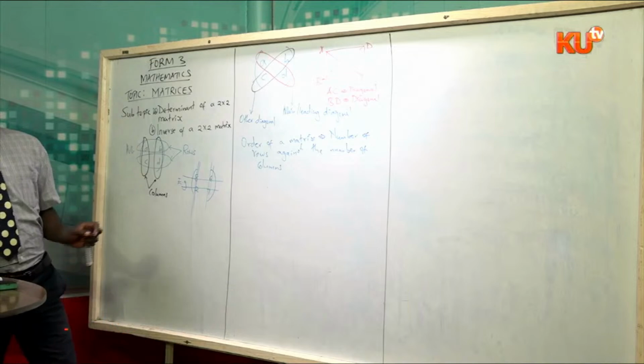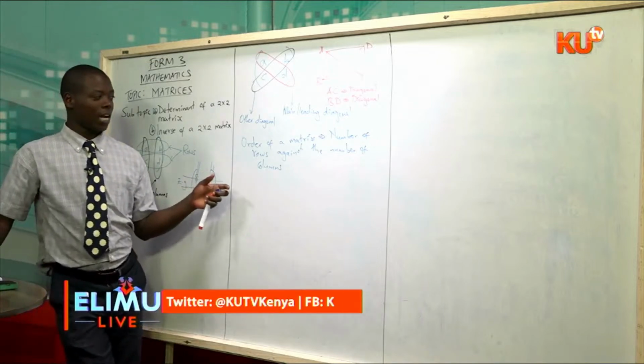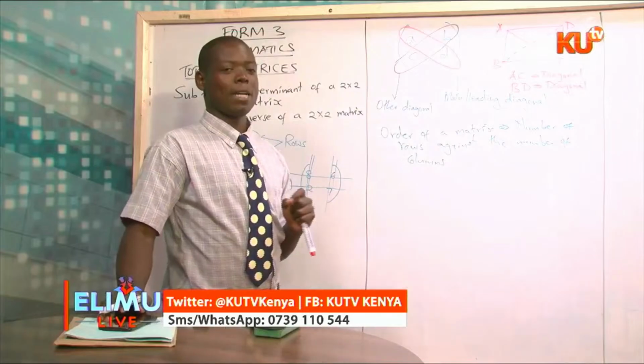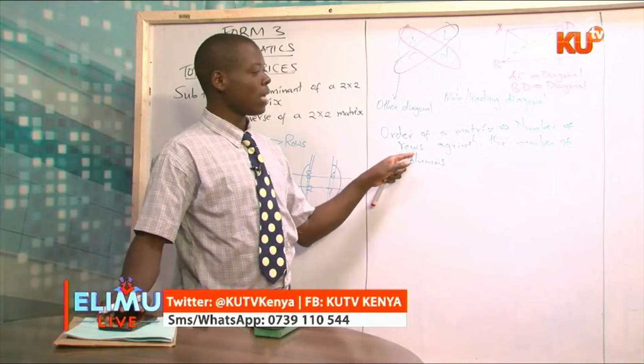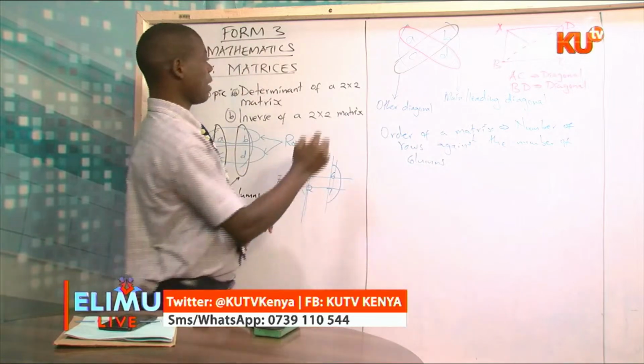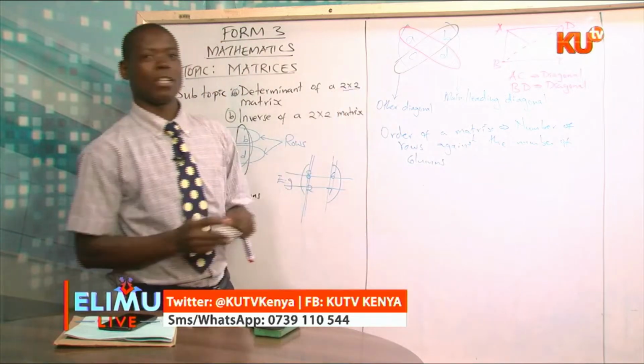So that is what we discuss under the order of a matrix. Therefore, if you have a matrix that has 2 rows and 2 columns, then we refer to that as a matrix of order 2 by 2.